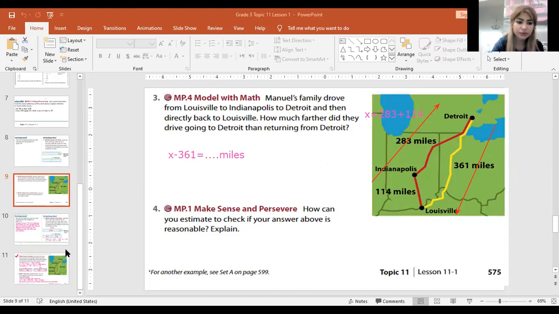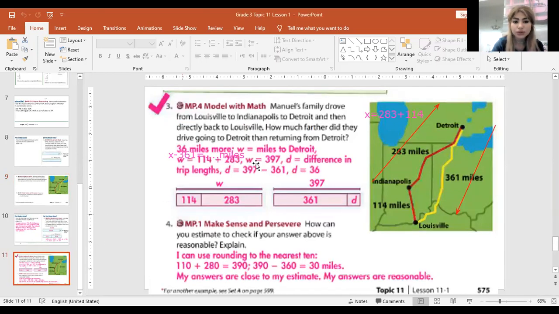As I told you here, 36 miles more. How did we get this 36? The miles to Detroit, he called it W. W is 114 plus 283. Then the number that we got is 397.